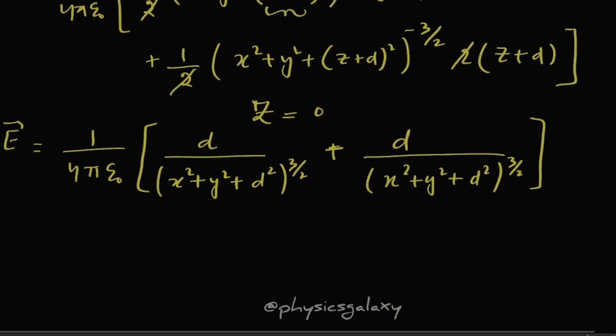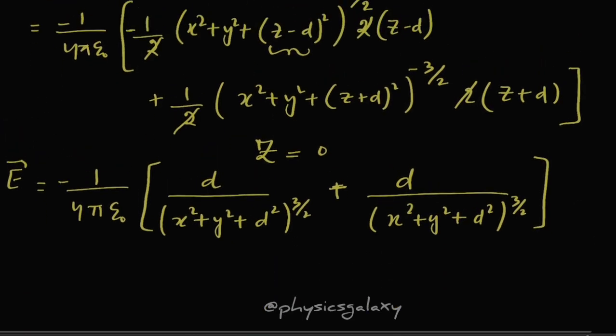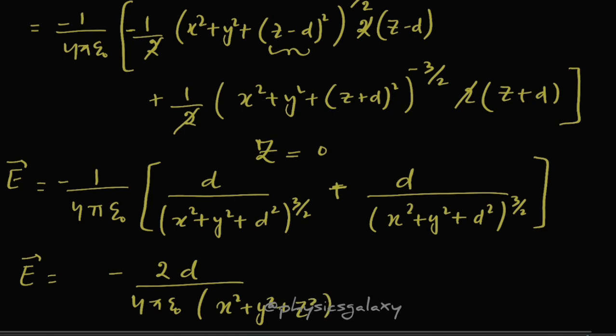My electric field here will be simply minus 2d divided by 4 pi epsilon naught (x square plus y square plus z square) to the power 3 by 2 in the direction of z cap.